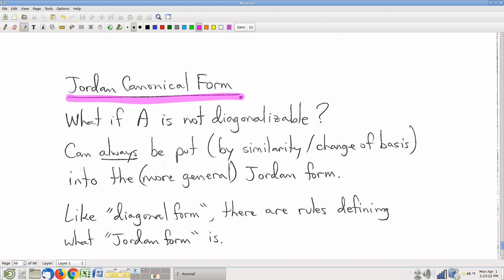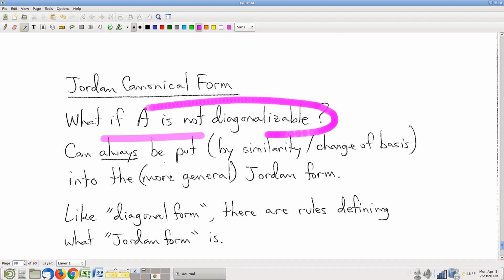The short version of that question is, it's the answer to this very reasonable concern. We have already established that diagonalizability is good. If you can diagonalize, good things happen. We're going to see even more of that when we get to differential equations.